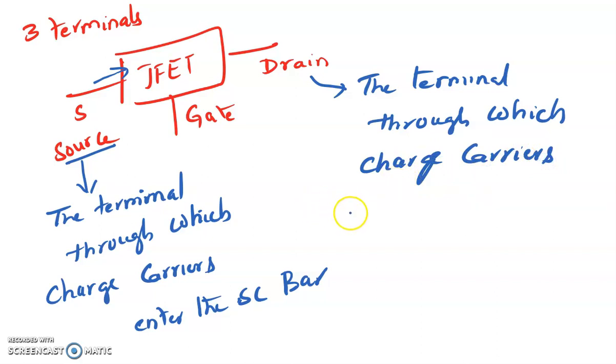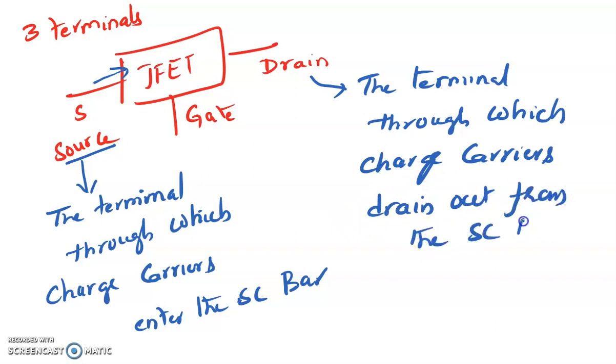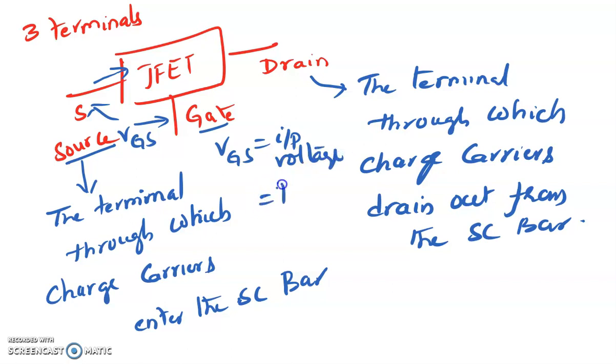And this is the gate, where the input is applied between the gate and source terminals, that is VGS. VGS is always an input voltage, which is always connected in reverse bias.